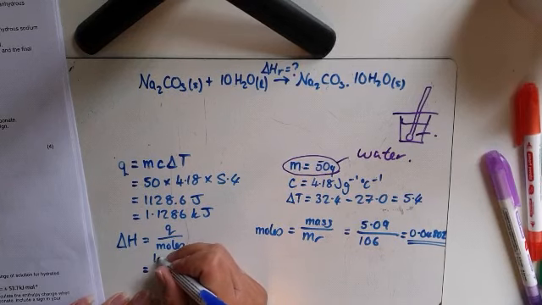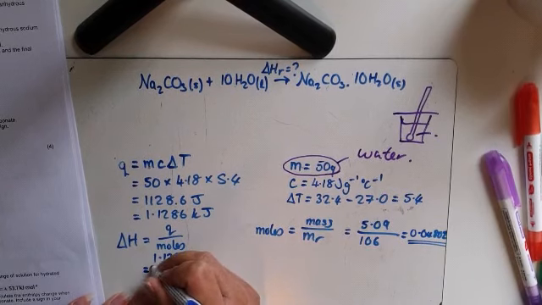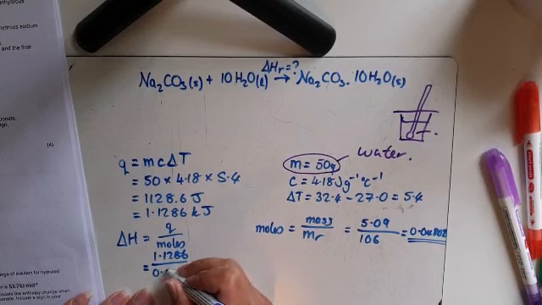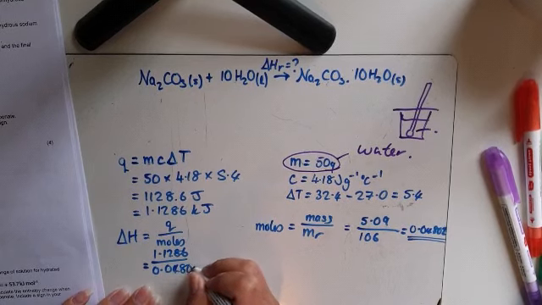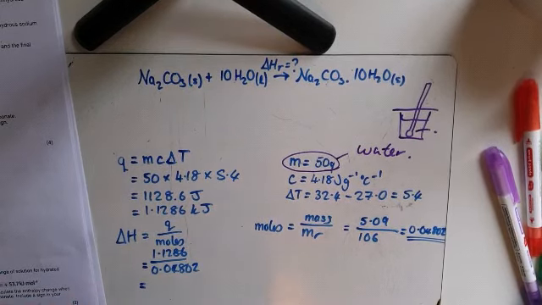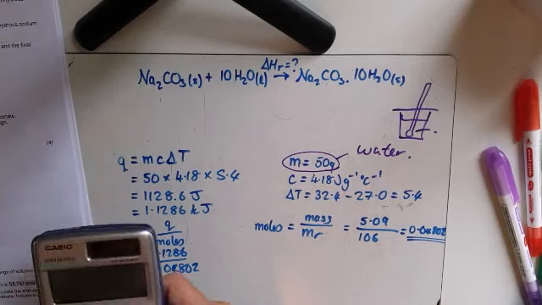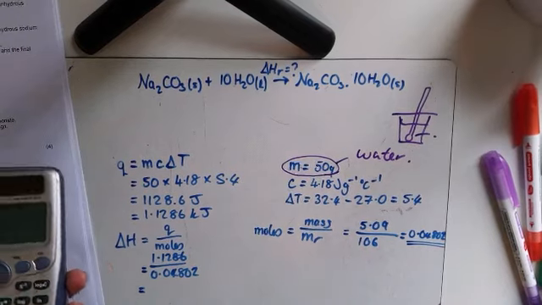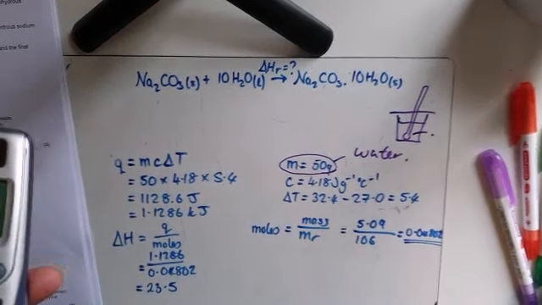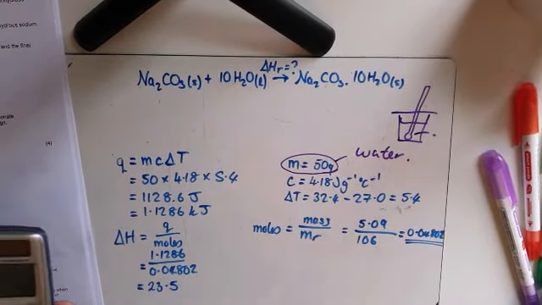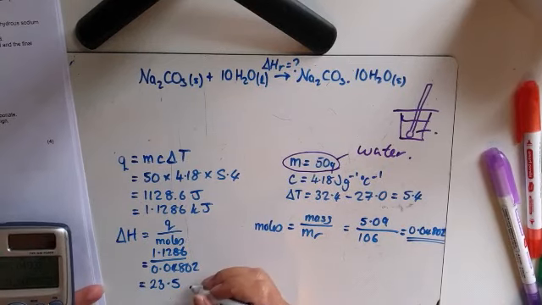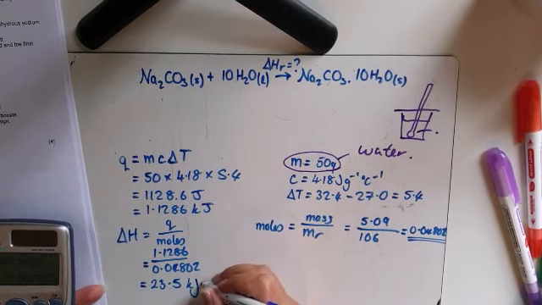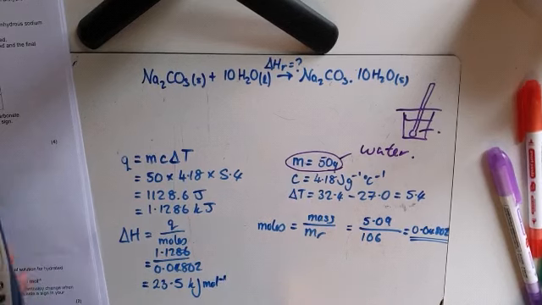So let's put it all in. 1.1286 divided by 0.04802. And that one works out as 23.5. So that is delta H, and that's in kilojoules per mole minus 1.